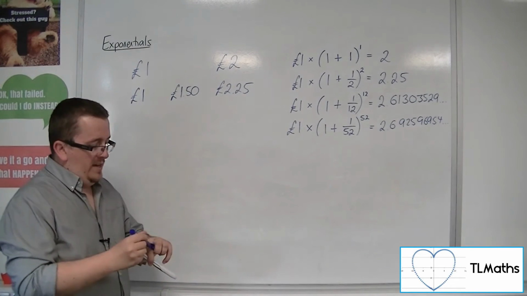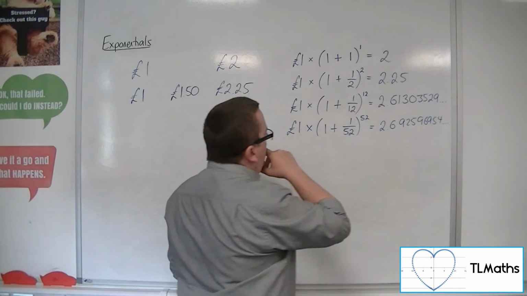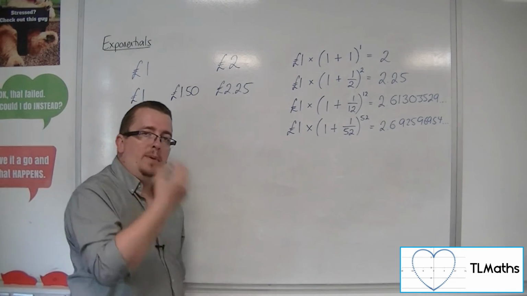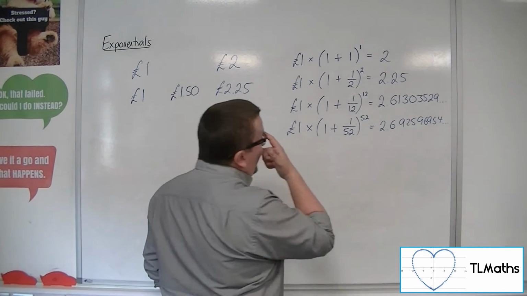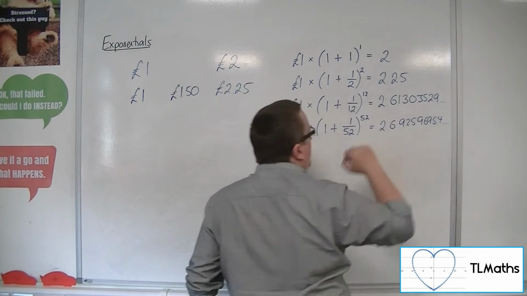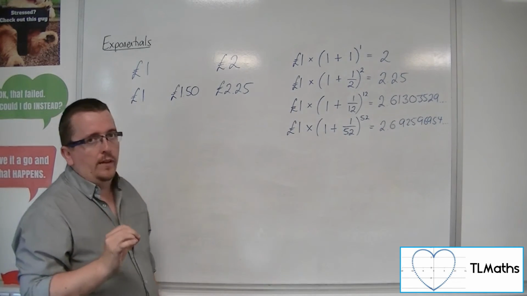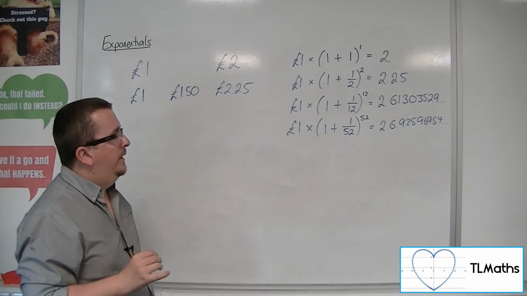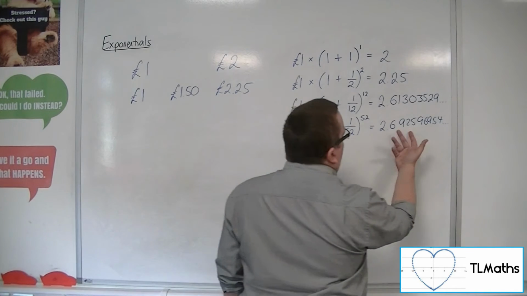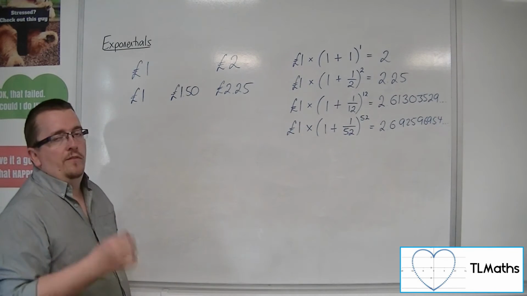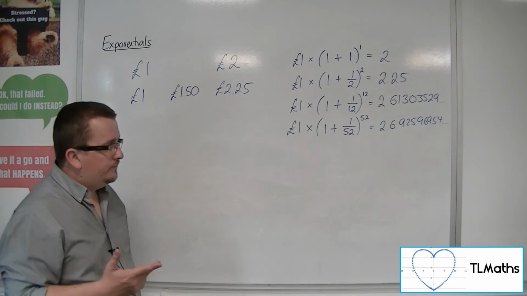So what you can now start to see is that although I'm subdividing the year up into smaller and smaller pieces, the actual amount that I'm gaining from doing that isn't actually increasing as much as it was previously. Because I'm now up to £2.69, okay? So it's about 8p more than I would have done if I'm getting it every month.